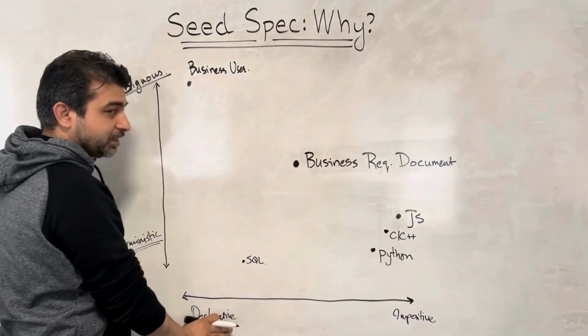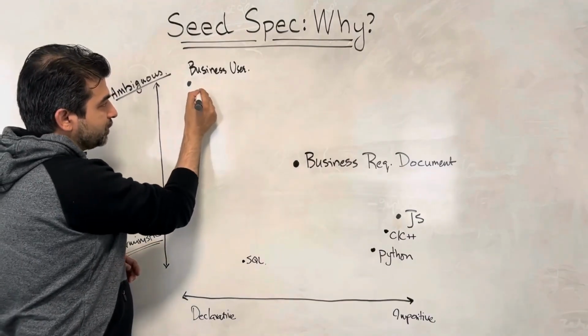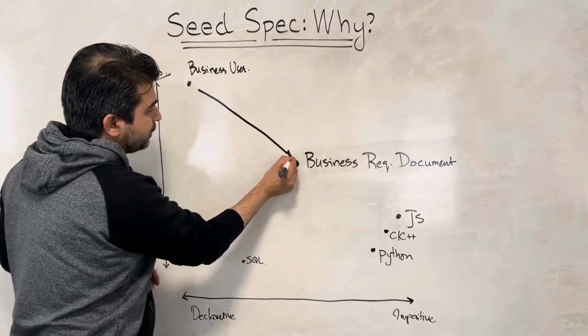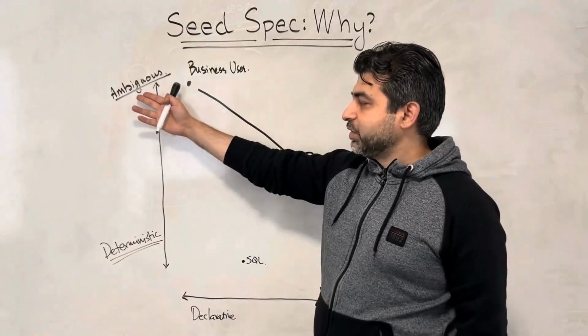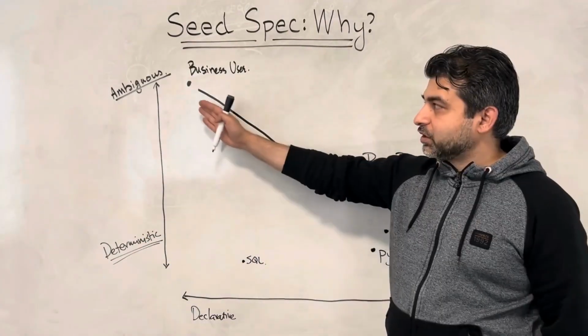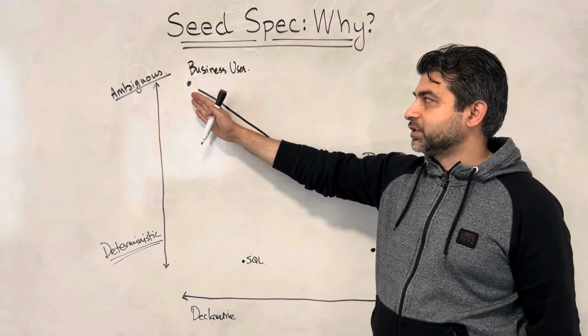However, it's very declarative in its nature, like what someone wants. A lot of time in software engineering is spent translating it into something that is less ambiguous, not as deterministic as computer languages, but a lot less ambiguous than what a normal person would describe.